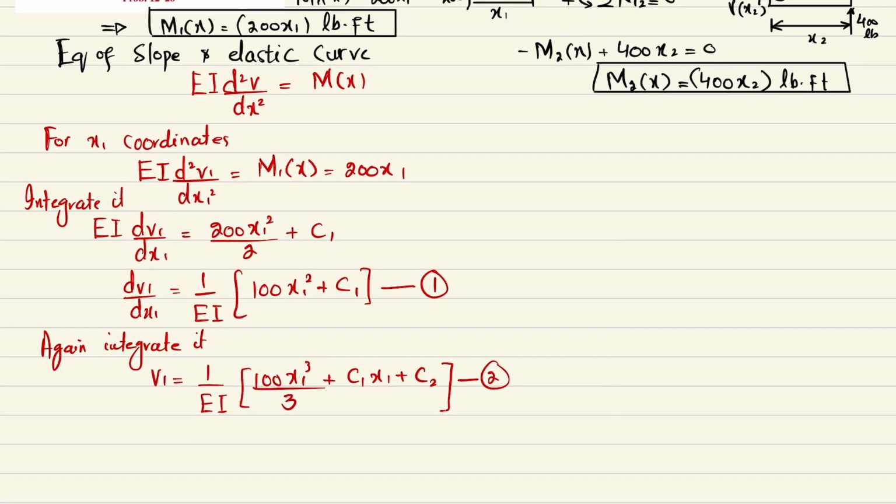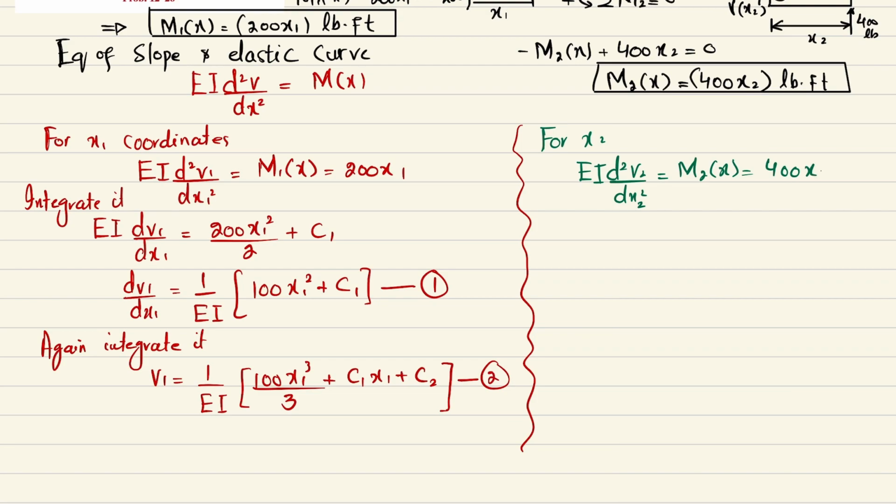Now we will use it for coordinate x2. So for the x2 coordinate, we have this equation: EI d squared v2 over dx2 squared is equal to M2 of x, and this M2 of x is 400 x2.